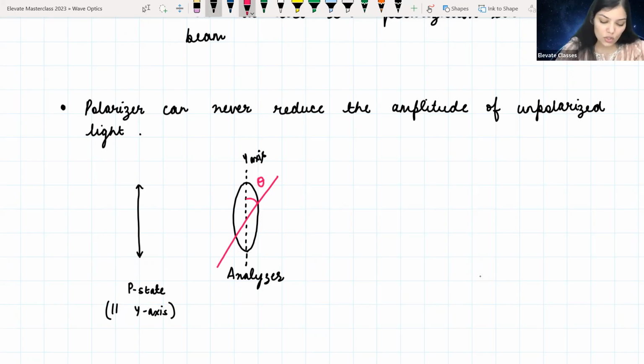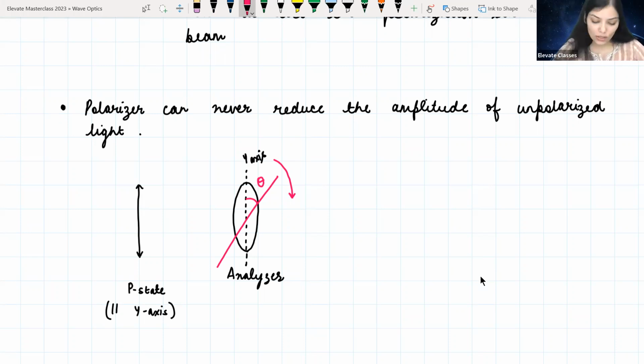Now in the lab we have the freedom to rotate this analyzer. We can do the complete 360-degree rotation of this analyzer, and I'm free to rotate in theta. So I can choose whatever pass axis I want.